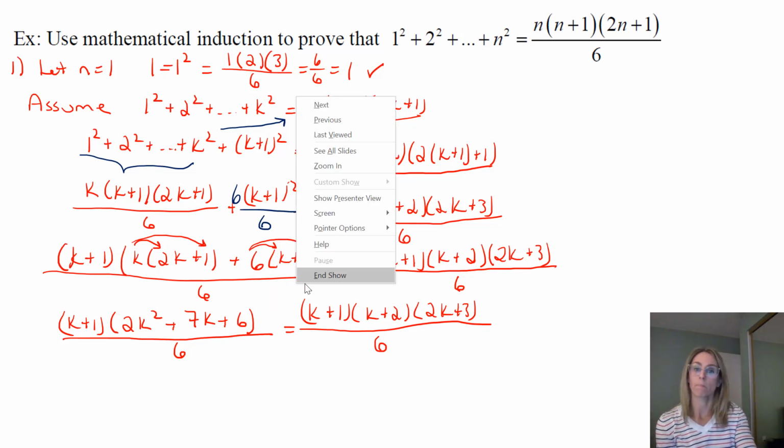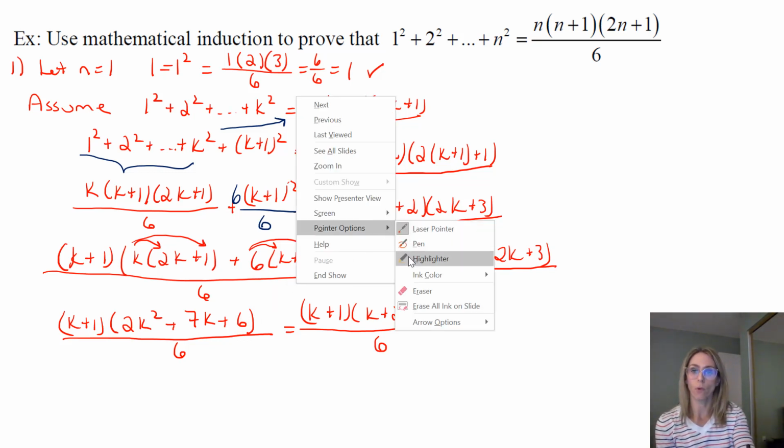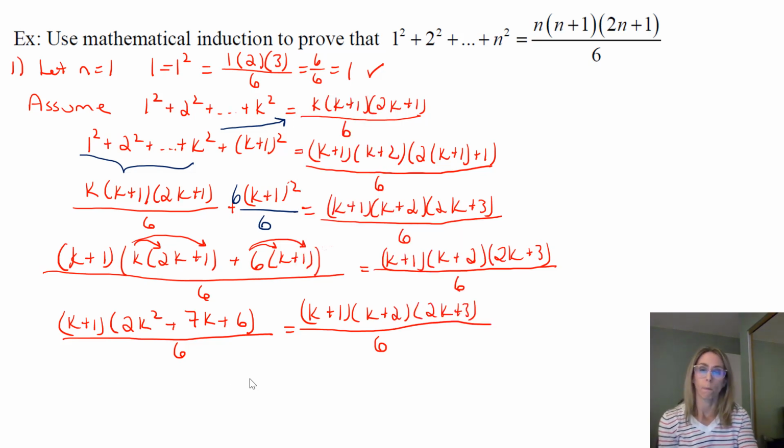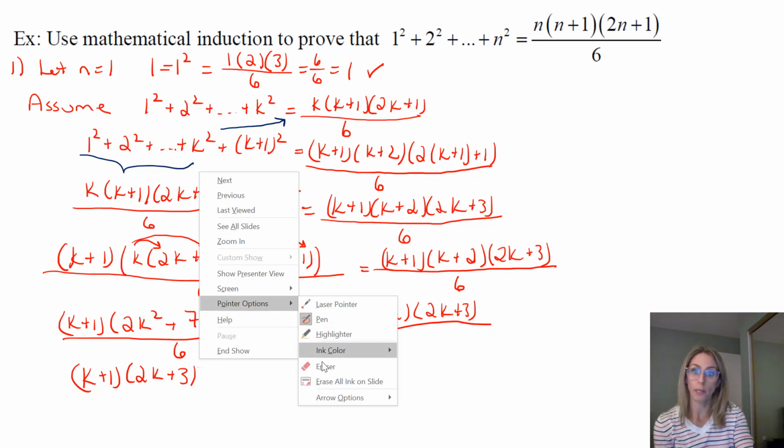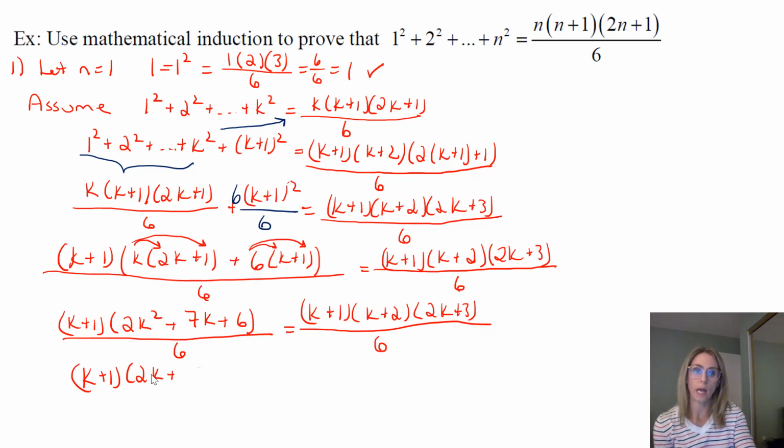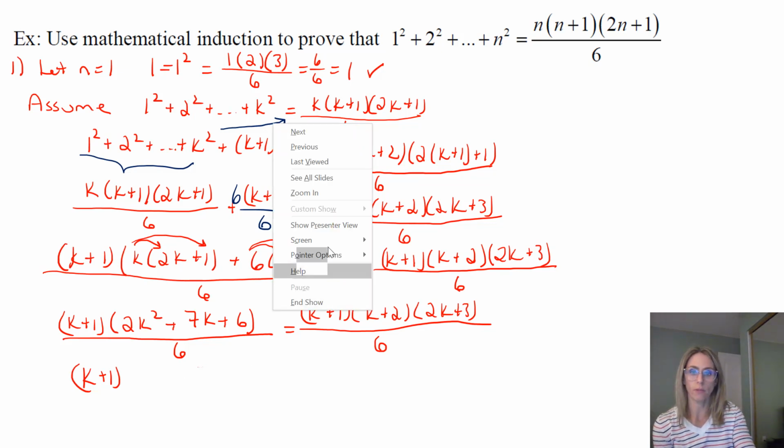So in fact, that is the factored form of what we have over on the left-hand side. So we have k plus 1, that's going to be times (2k plus 3) times (k plus 2). And if you're like, well, could we just make it look like the other side? Sure, why not? Let's just make our lives easy. We know that that's the factored form.